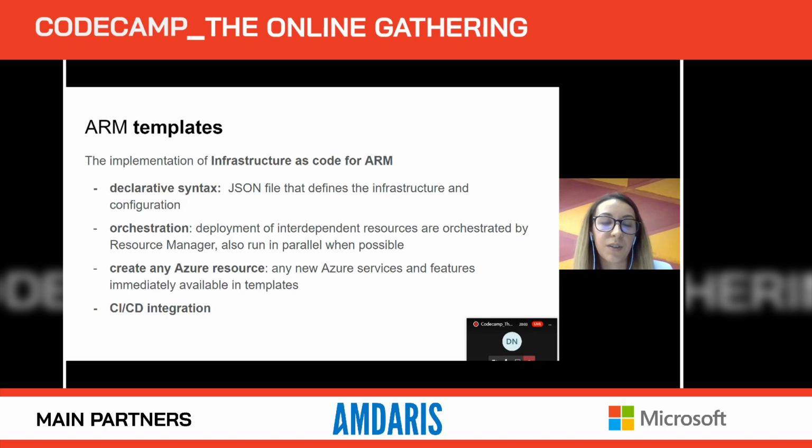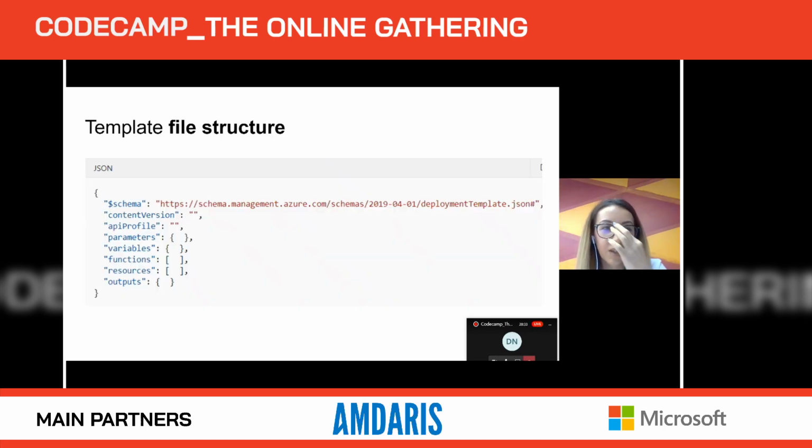And everything that we define there is then orchestrated by the Resource Manager, and it ensures that all the resources are created in the right order, and also tries to create them in parallel when possible to improve the efficiency. It is highly reliable because once a feature or a service becomes available in Azure, it will immediately be available to be used in the templates, and it can also be integrated in CI or CD pipelines.